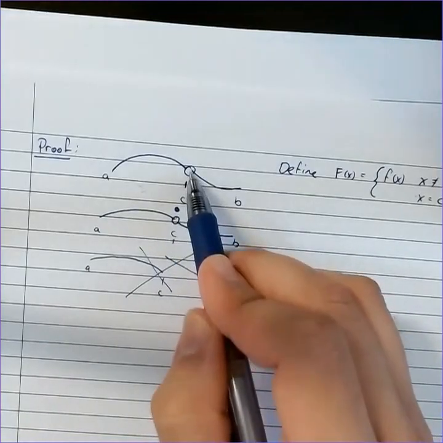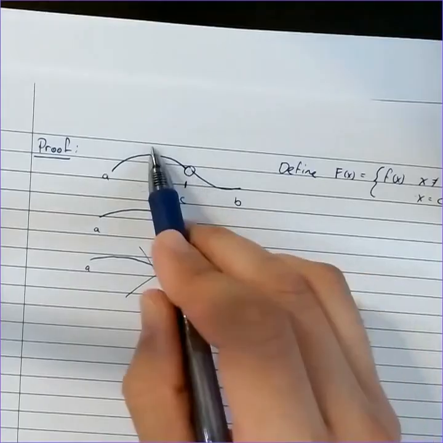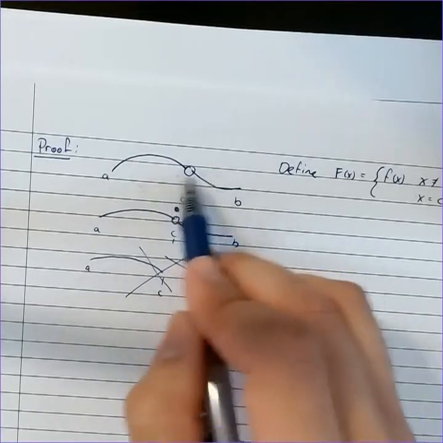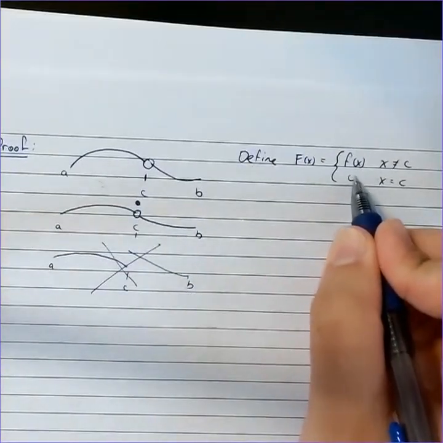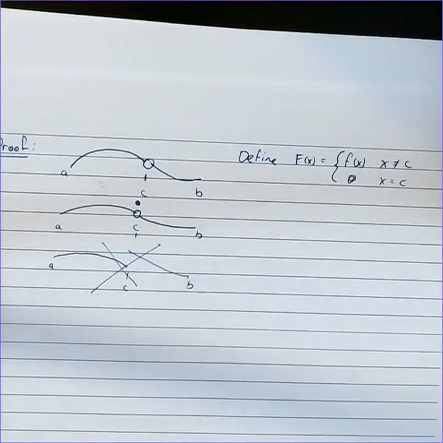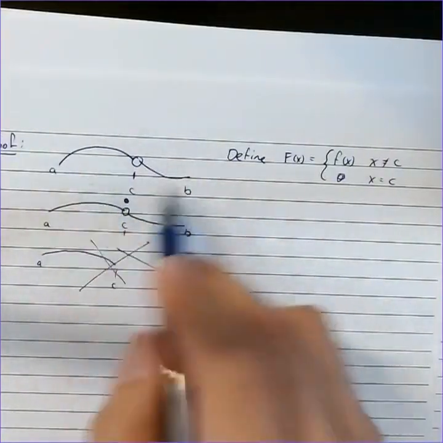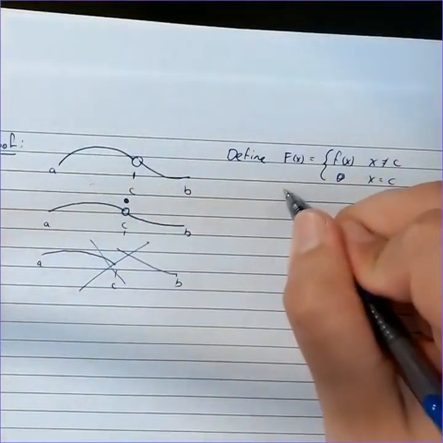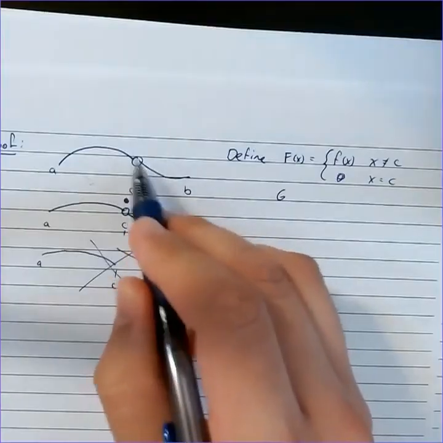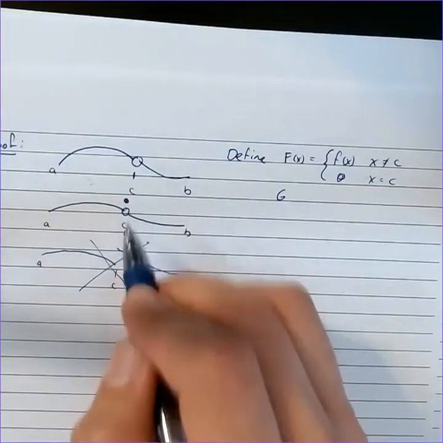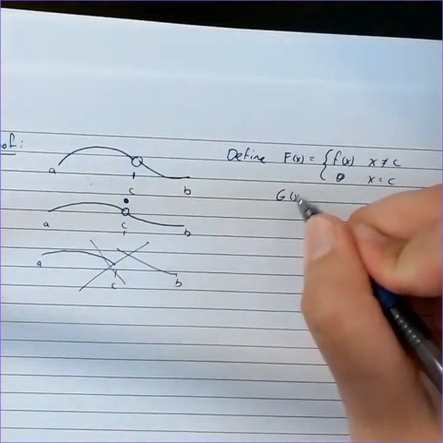We want it to be there. Well, if the limits are both 0, then the point must be at (c, 0). So that's going to be 0 in the case that x is equal to c. And since g has the same setup, the same possibility of being either undefined or defined differently at c, we're going to define capital G in the same way.